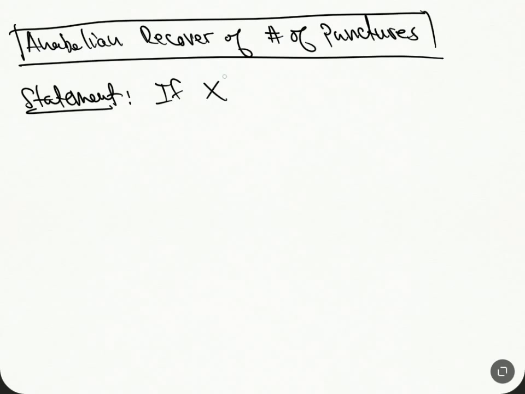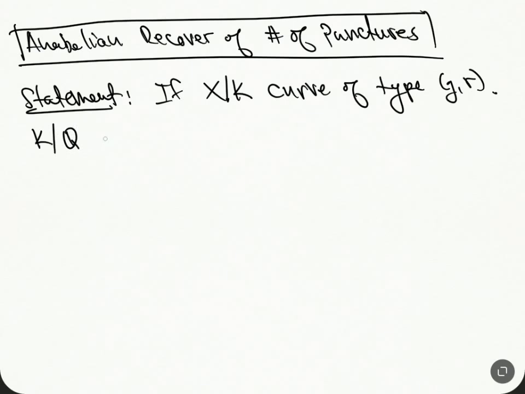If X over K, so this is the local version. Nakamura had a version, well, this relates to what Nakamura did for the recovery of cusps, but now this is a local version. So this is a curve of type (g, r). Let's say K over Q_p is a finite extension.